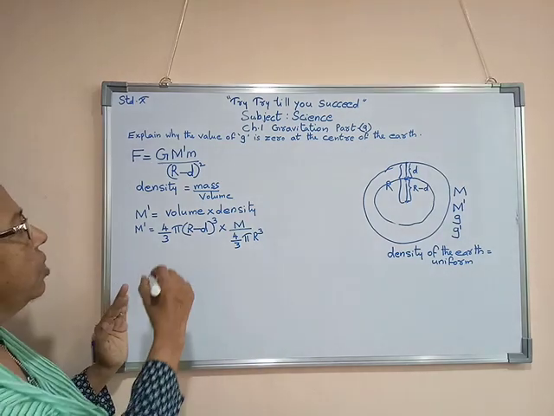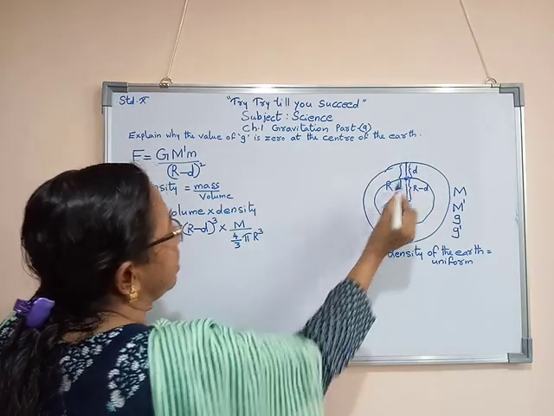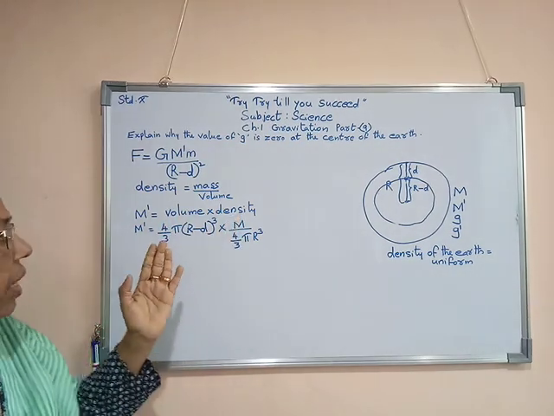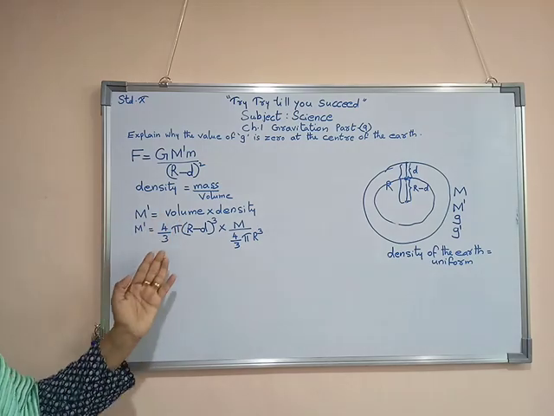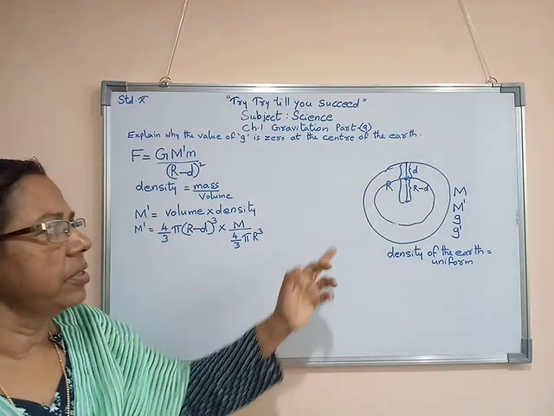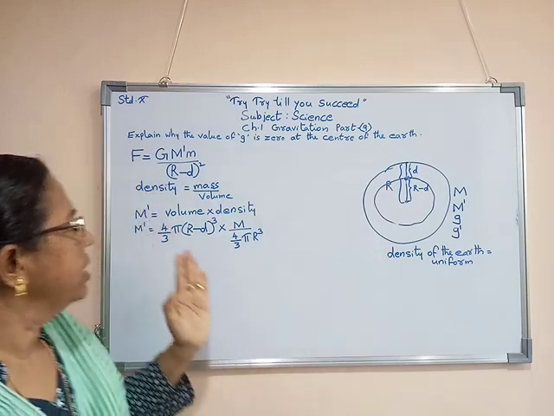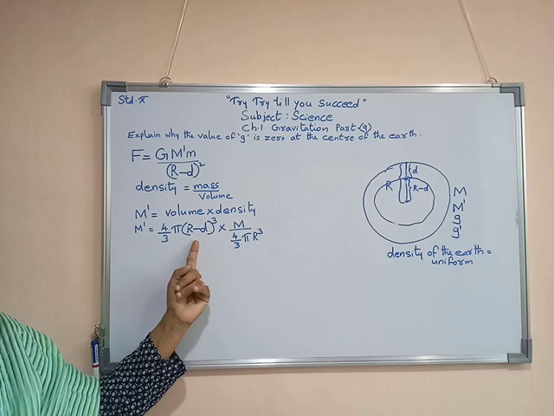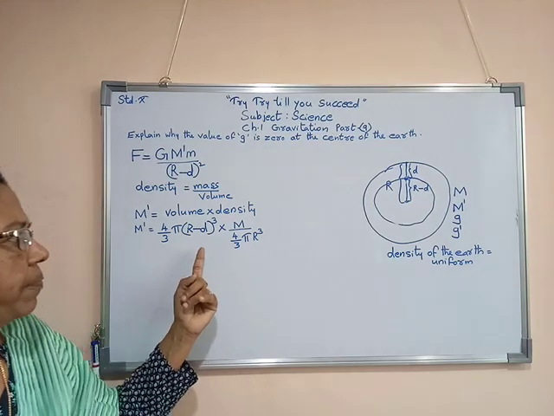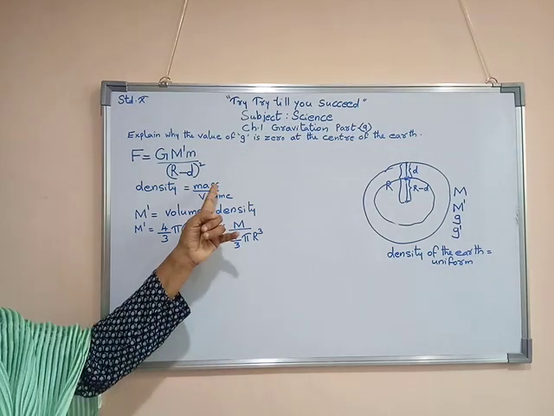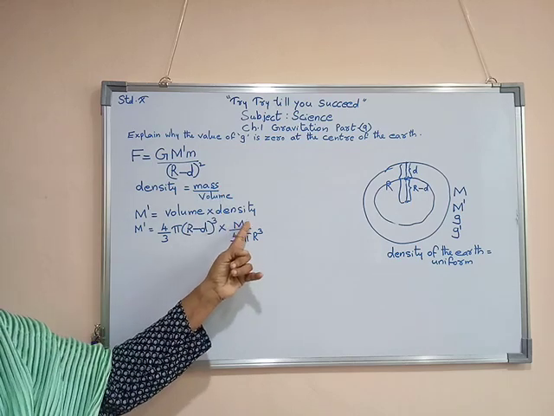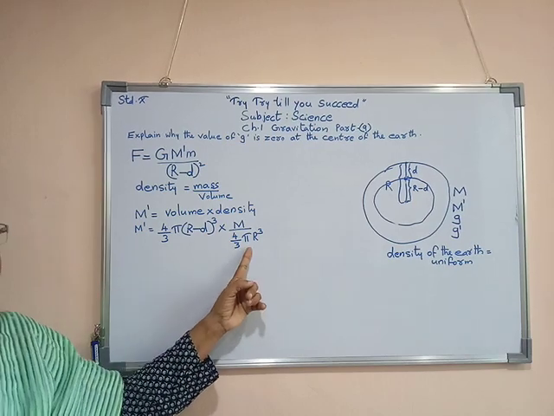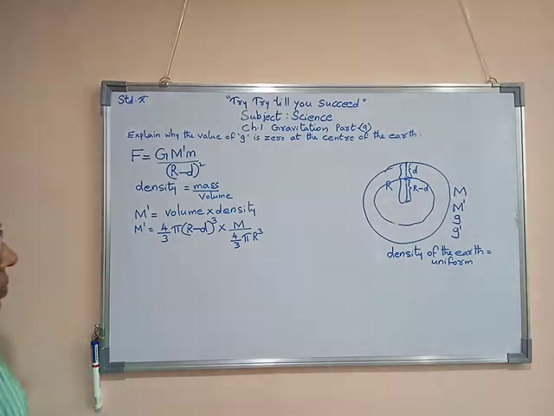So here, for finding the mass of this object, we have to use this formula, that is volume into density. Now for finding the volume, we have one formula with us. Why? Because it is a spherical surface. So which formula do we have? 4 upon 3 into pi into r minus d whole cube into density, that is mass upon volume, that is capital M, the mass of the earth, upon 4 upon 3 into pi r cube.